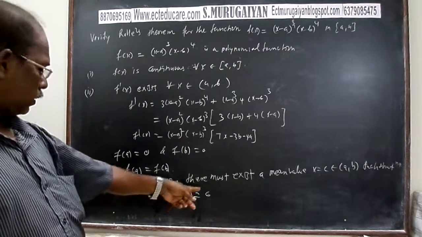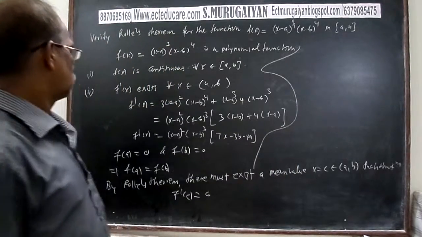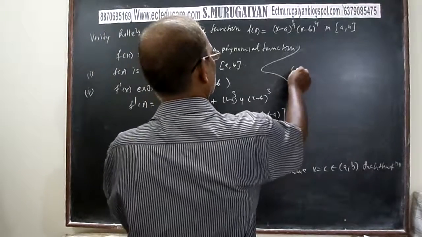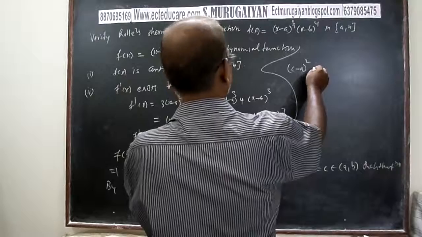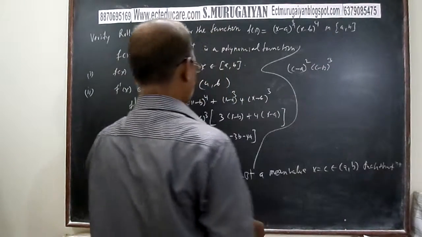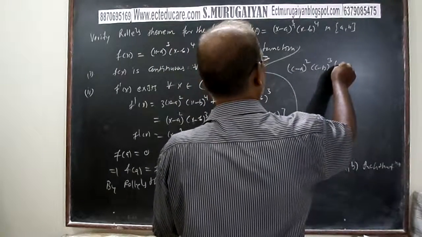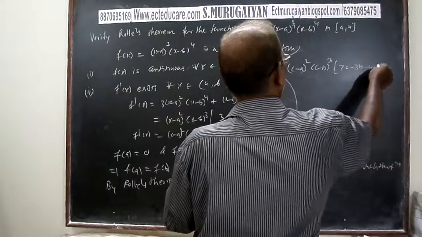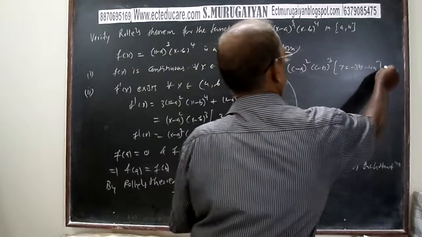So if we take f dash of c equal to 0, then (c minus a) the whole square and (c minus b) the whole cube into (7c minus 3b minus 4a) is equal to 0.